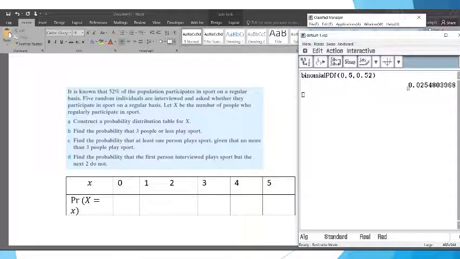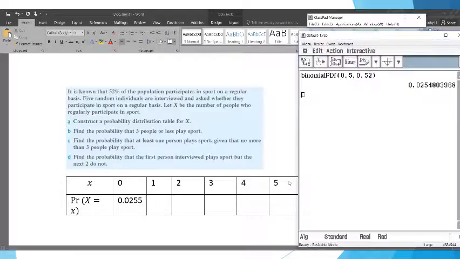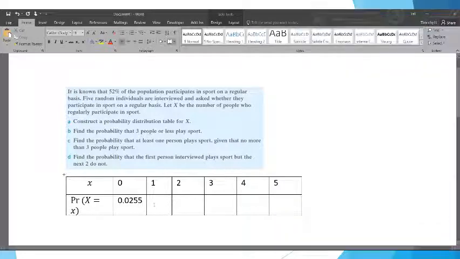Once you put it in, you'll be given the value, 0.0255. Then the next one, we'll do the same thing. Now, if you did Action instead of Interactive, it'll pop up like this, but you won't know where to put the different values in. So I'd suggest Interactive. 0.1380.